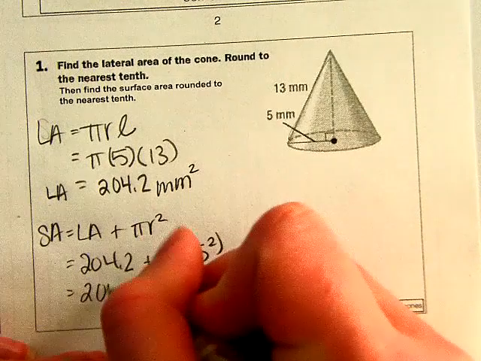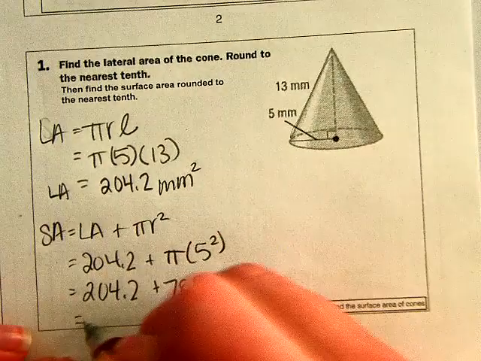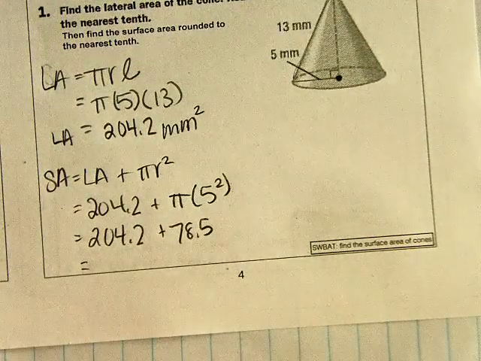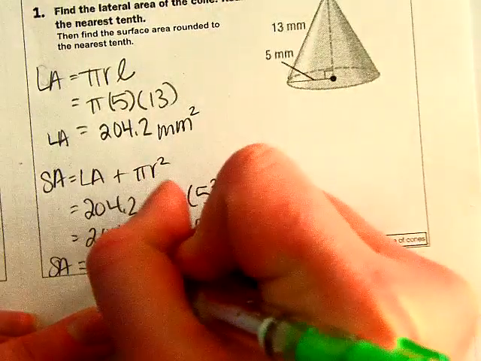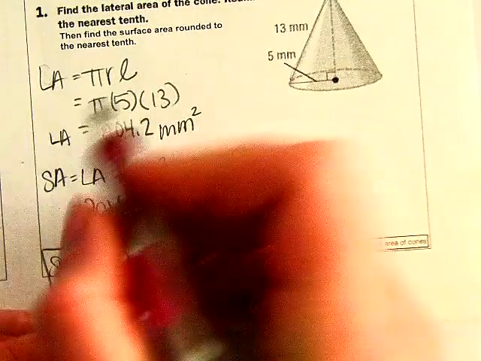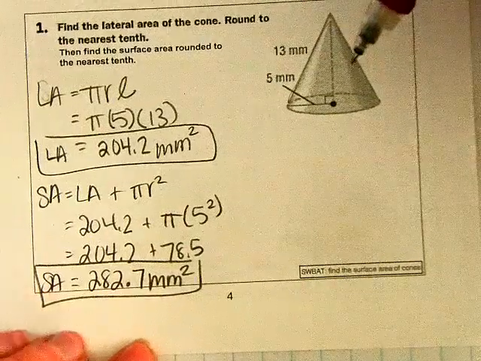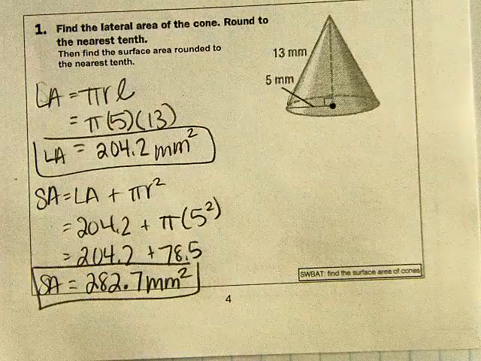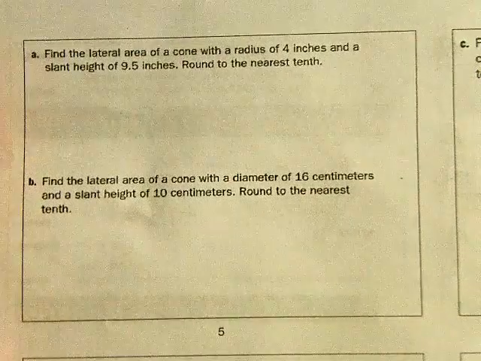So I've got 204.2 plus 78.5 for a total surface area of 282.7 millimeters squared. So we found the lateral area, which is just that outside portion, the waffle cone basically, and then the circular base, if we were to have a cone-shaped structure.